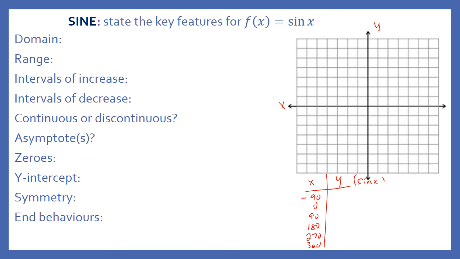So you can use your calculator here, or you just remember at negative 90, sine x is negative 1. At 0, sine x is 0, at 90 it's 1, then 0, negative 1, and 0. So, just to space my numbers out, I'm going every other one. So, 90, 180, 270.